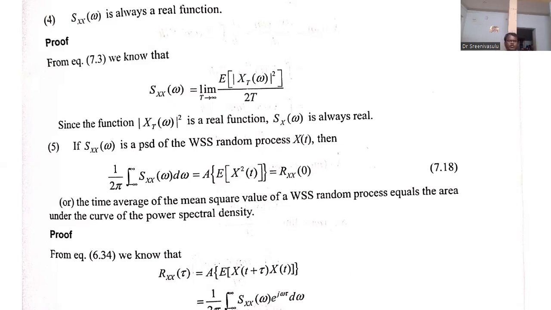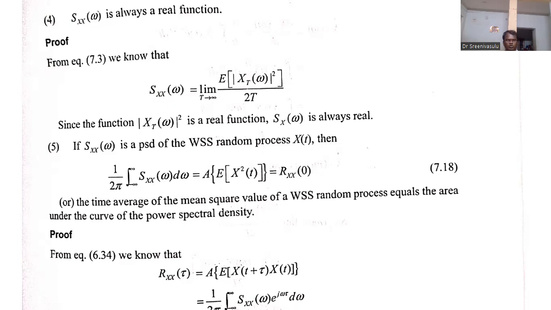Now you see the next property. If Sxx of omega is the power spectral density of the wide sense stationary (WSS) random process x of t, then we can write 1 divided by 2 pi integral from minus infinity to plus infinity of Sxx of omega d omega, which is nothing but Rxx of 0.